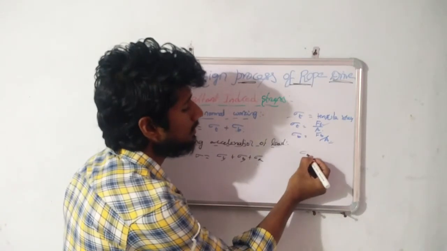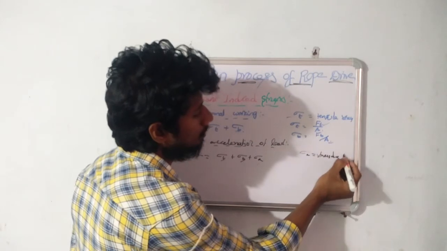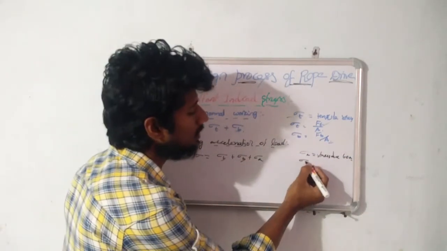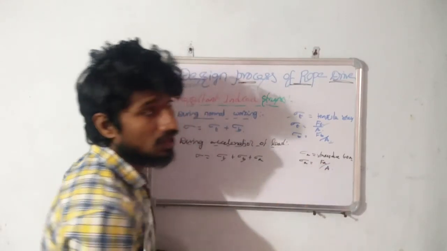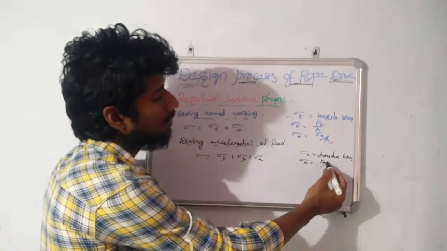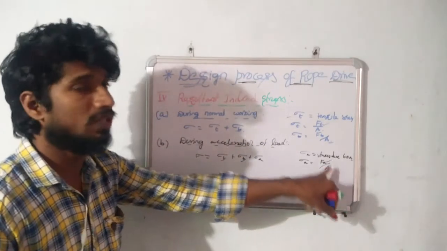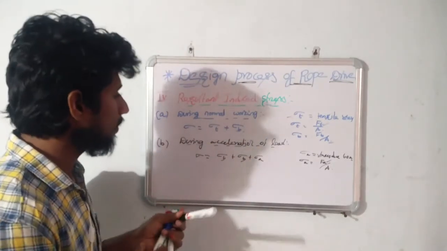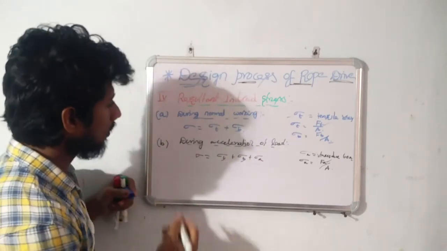The sigma a is the stress due to acceleration. So how are we going to find out the sigma a? That is equal to Fa by area of the rope. Here we know Fa as well as the area of the rope. With the help of this ratio, we get the sigma a. So this is the second step in the resultant induced stress. Go to the third one.